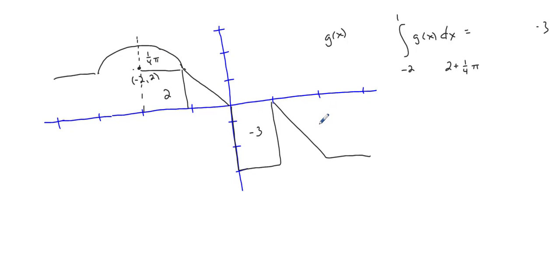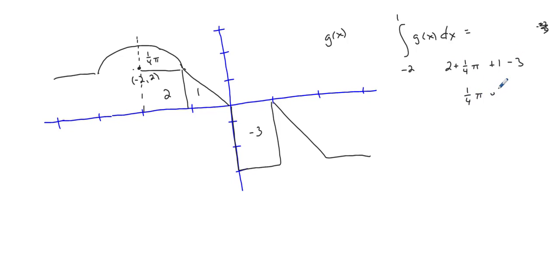Nora, what do you got next? What's the area of this triangle? Are we okay with that? So we have 2 plus 1/4 pi plus 1 minus 3. And that's just 1/4 pi. Is that it?